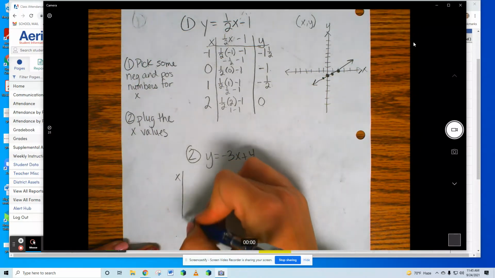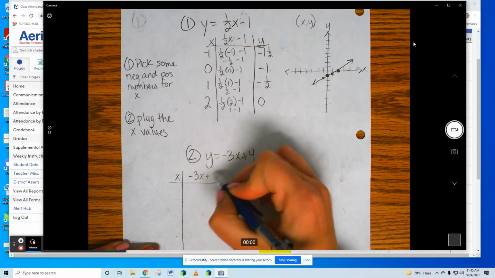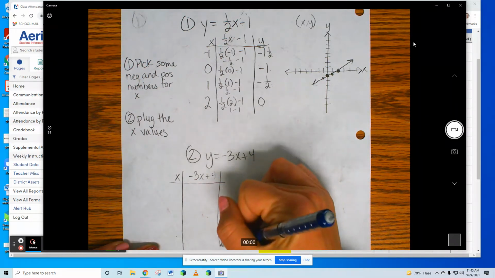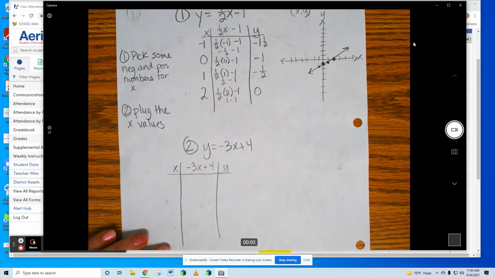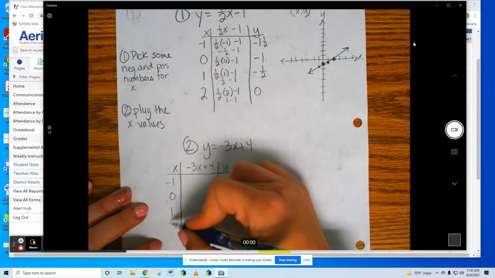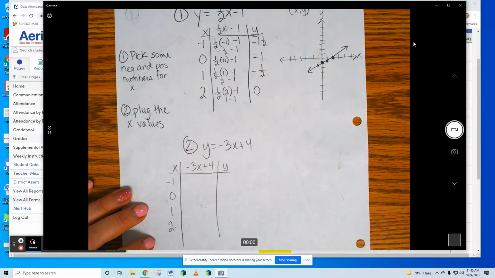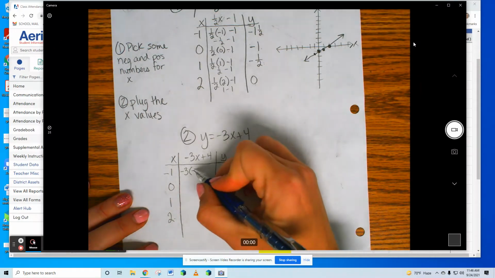Pick small, some negative, some positive. y = -3x plus 4. All right, and -1, 0, 1, and 2. Let's pick those again. So -1, I'm going to plug in first. -3 times -1.